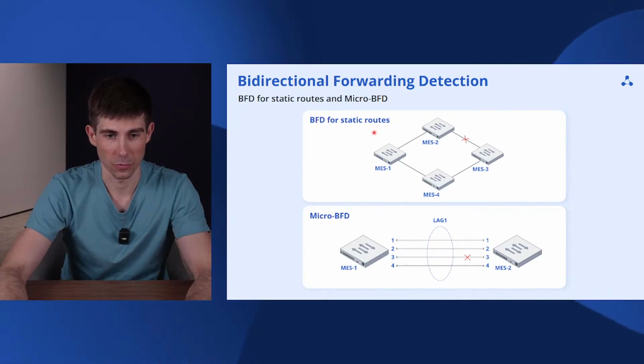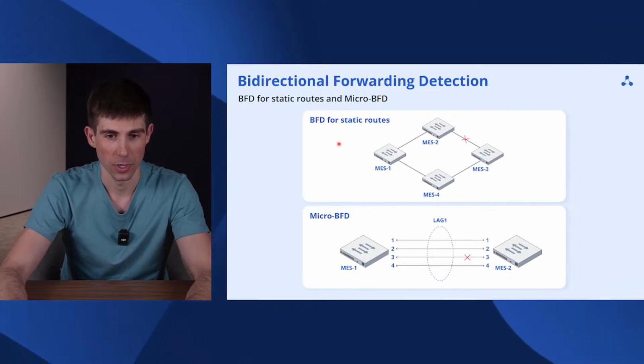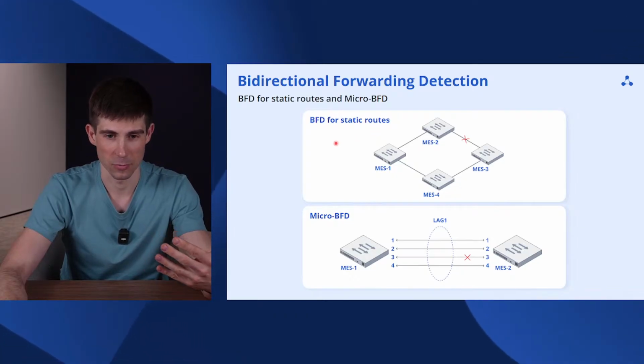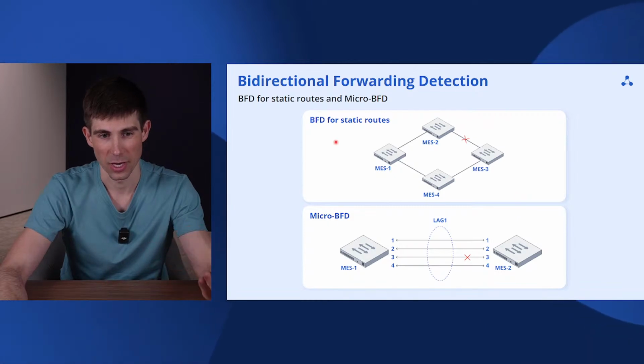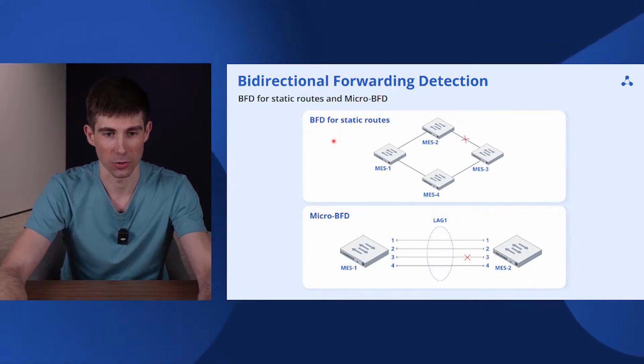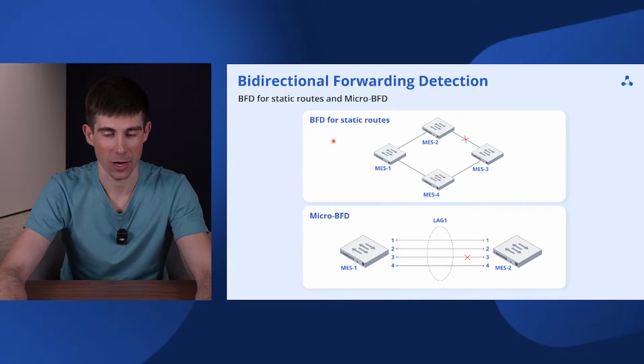So this is BFD for static routes, available in 6.6.12, and again, its main purpose is to reduce the downtime should a link go down, and therefore reduce the amount of lost traffic.